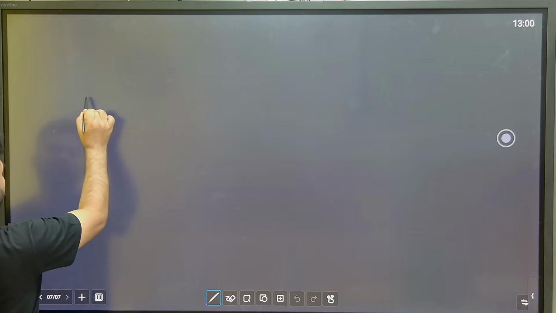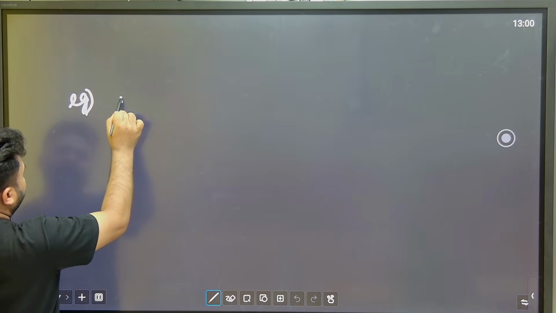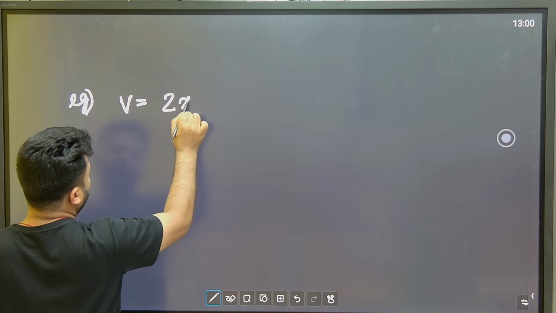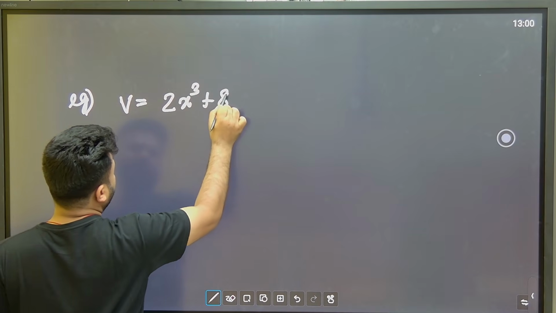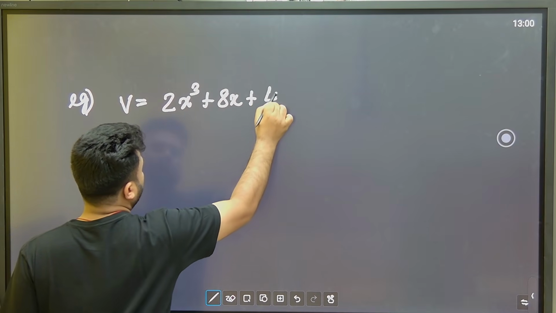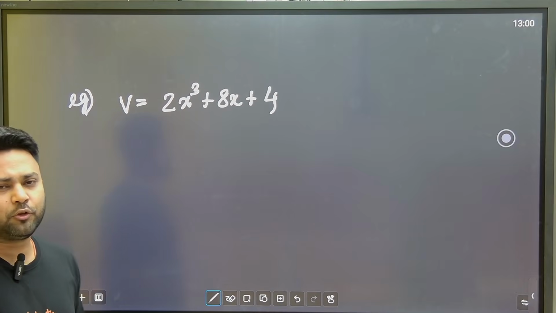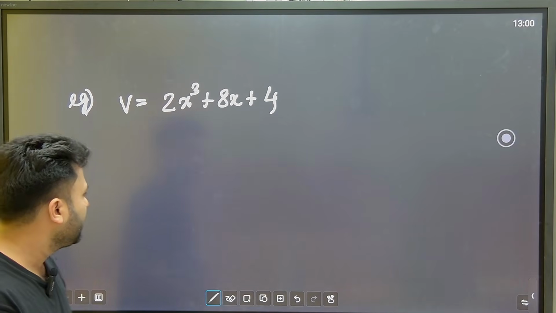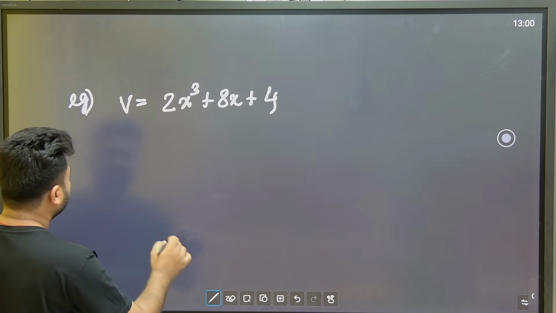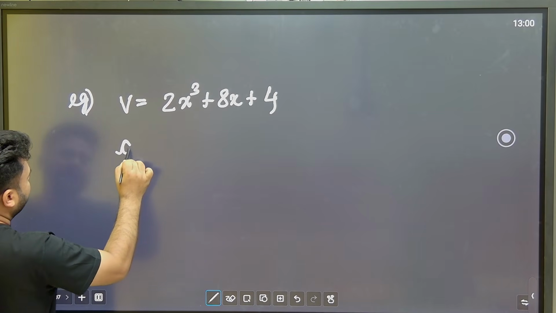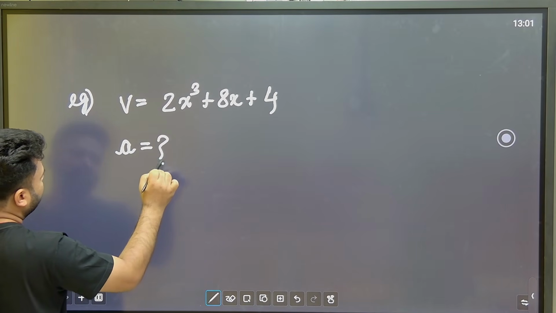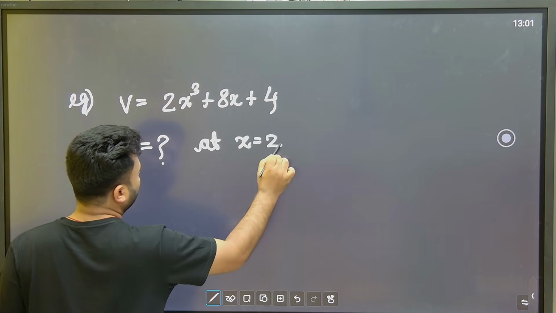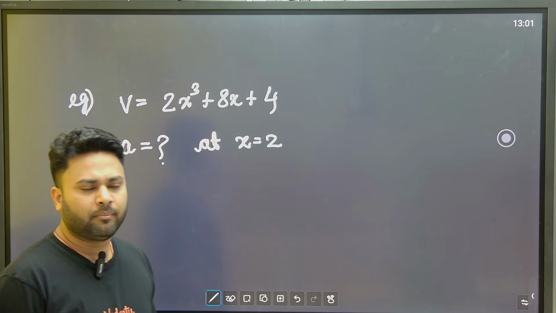For example, velocity is given as 2x cube plus 8x plus 4. Velocity is given as a function of position. X is position. They are asking, find the acceleration. What will be the acceleration at x equals 2?